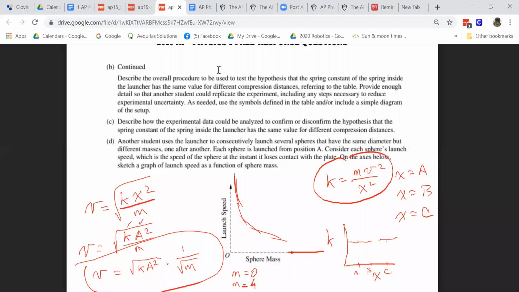I think that's a 1 over square root function right there. I think that's right. Something like that. So V is proportional to 1 over the square root of the mass.